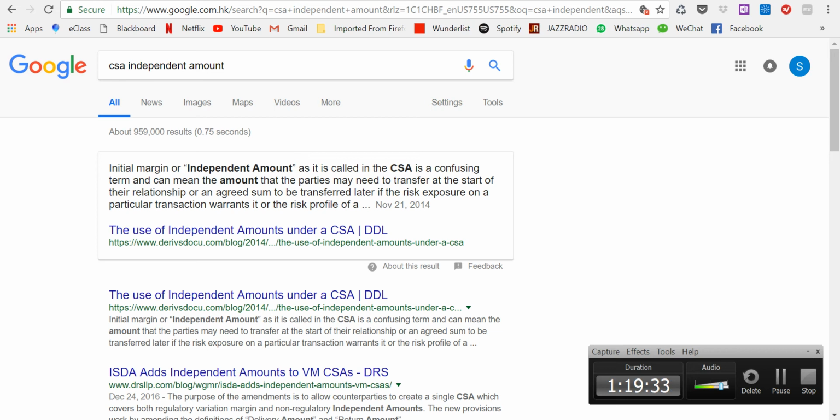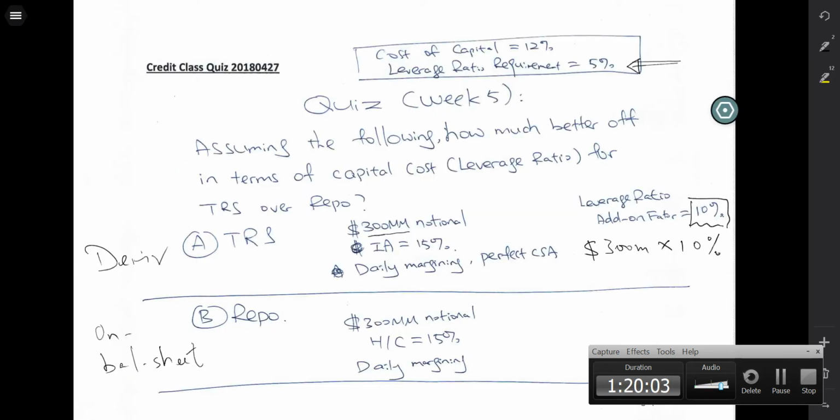I said the I stands for initial. It is true, but the initial has to go with margin. It's either that or the independent amount, as it is called in the CSA, which is a confusing term. It can mean the amount that the parties may need to transfer. This parameter is not used in answering this question. He just threw that in to confuse you guys.